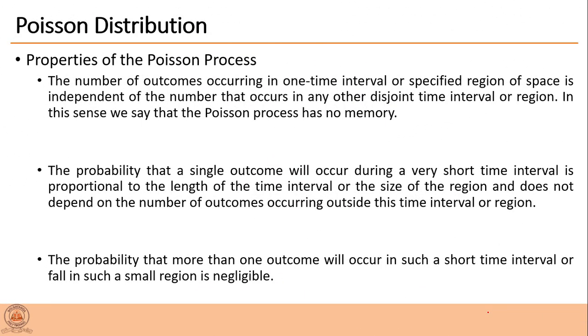Okay, so a Poisson distribution is obtained from a process, a Poisson process. And what are the properties of this Poisson process? One is that the number of outcomes occurring in a one-time interval or a specified region or space is independent of the number that occurs in any other disjoint time interval.